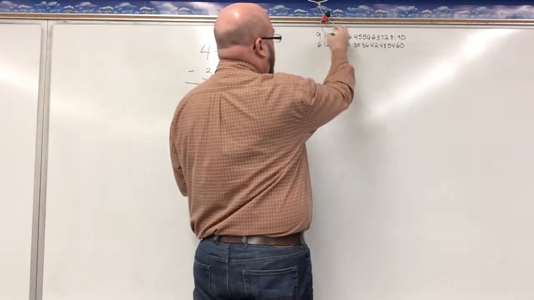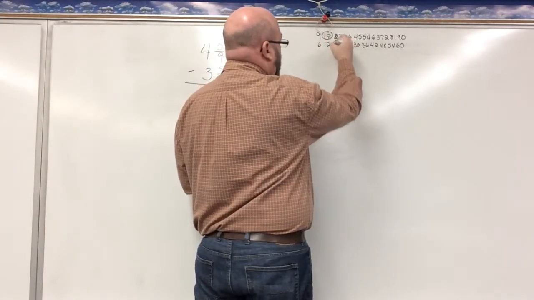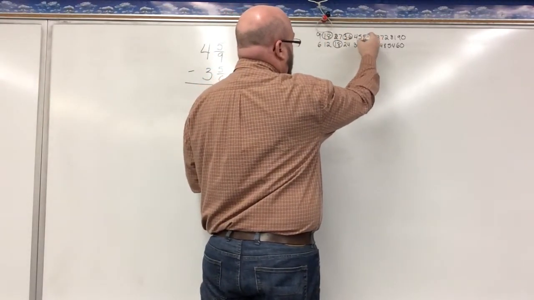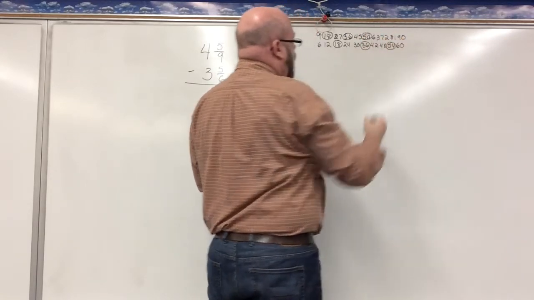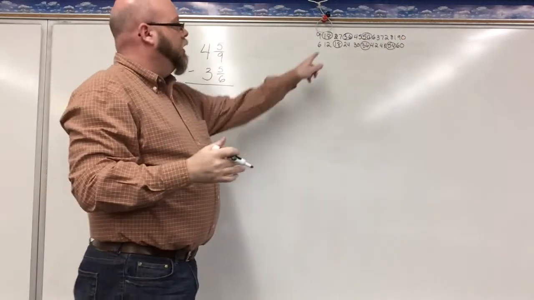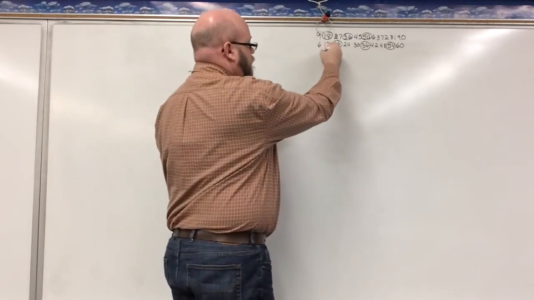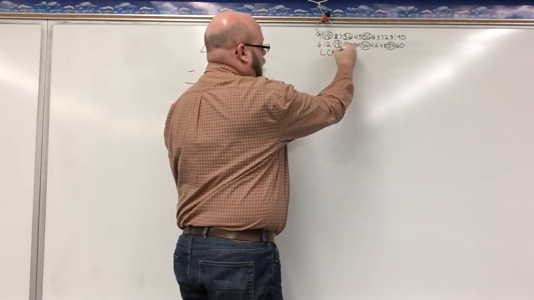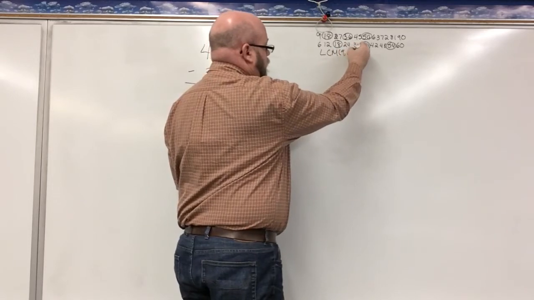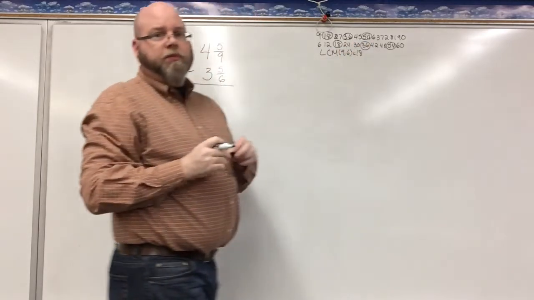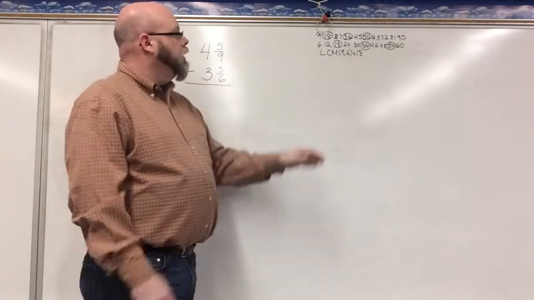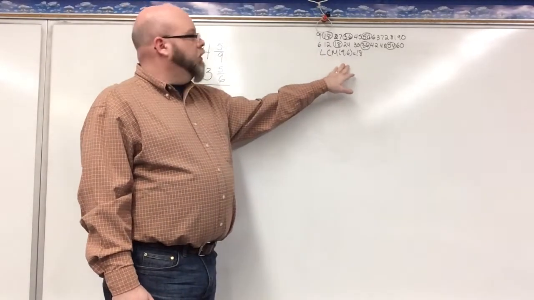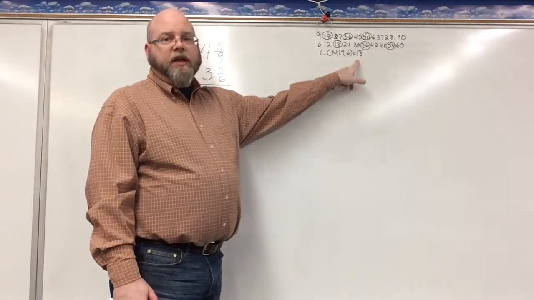We see right away 18, 36, and 54 are common multiples, but 18 is the least common multiple. So we're going to use 18 as our common denominator. So the least common multiple of 9 and 6 is 18.